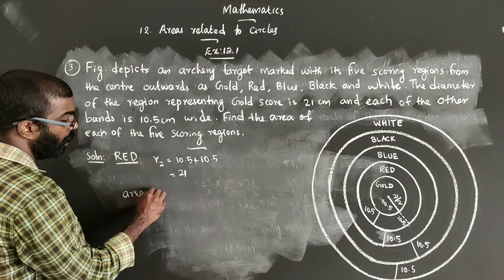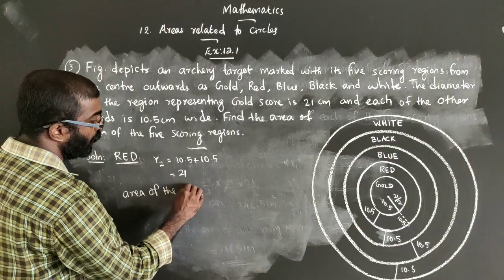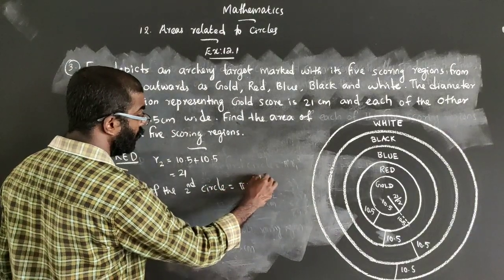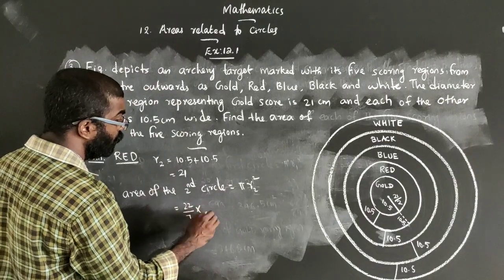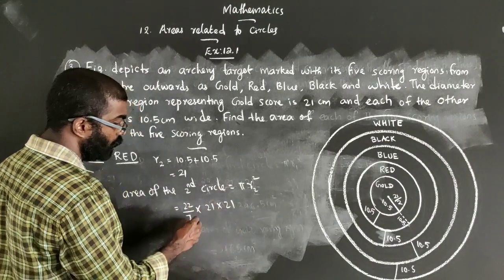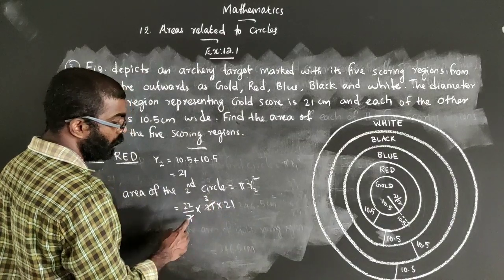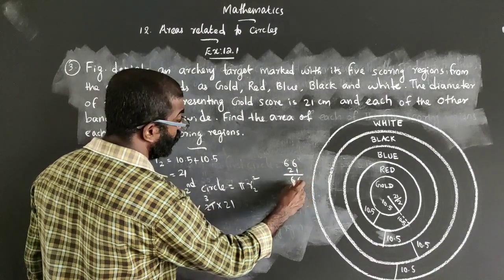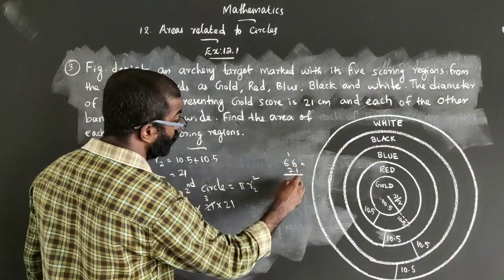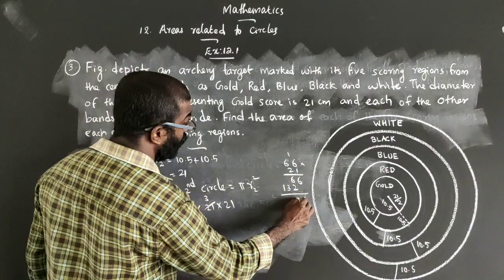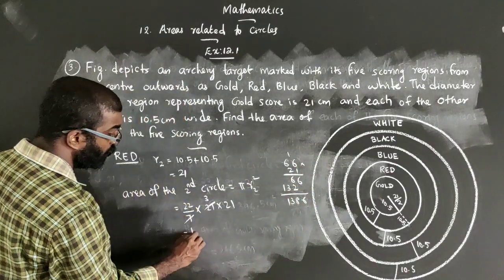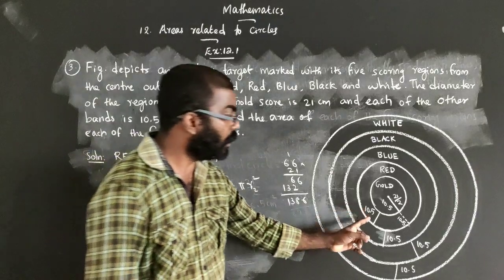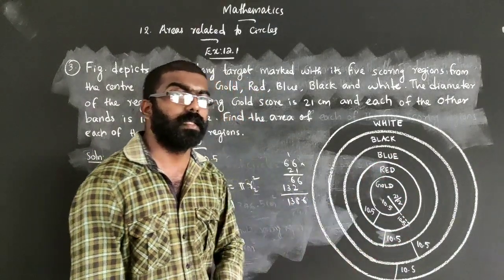Now we can write area of the second circle, which is equal to π R2², that is 22 by 7 into 21 into 21. 7 and 21 we can cancel, we get 3. 22 into 3, 66 into 21. 66, 6 2s are 12, 1 balance 13, 6, 8, 3, 1. So 1386 centimeter square is the area of the second circle.